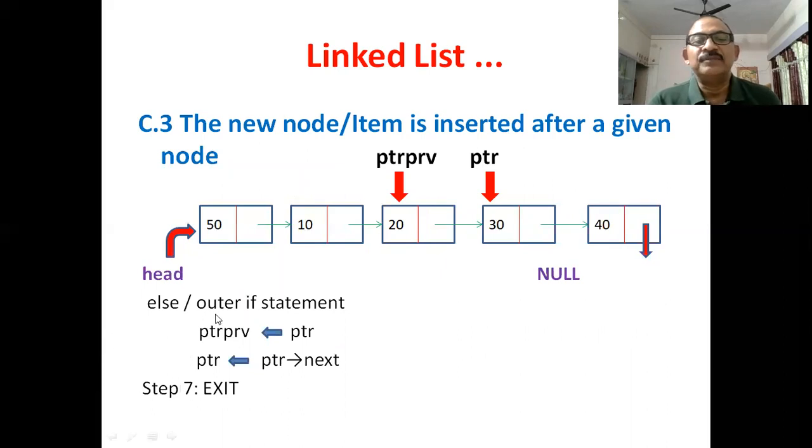Here else part, if PTR data is not equal to the search item, in that case we set PTR previous is equal to PTR, and PTR is equal to PTR next. This is step number 7. Here you can see this is the PTR previous and this is the PTR. Okay.